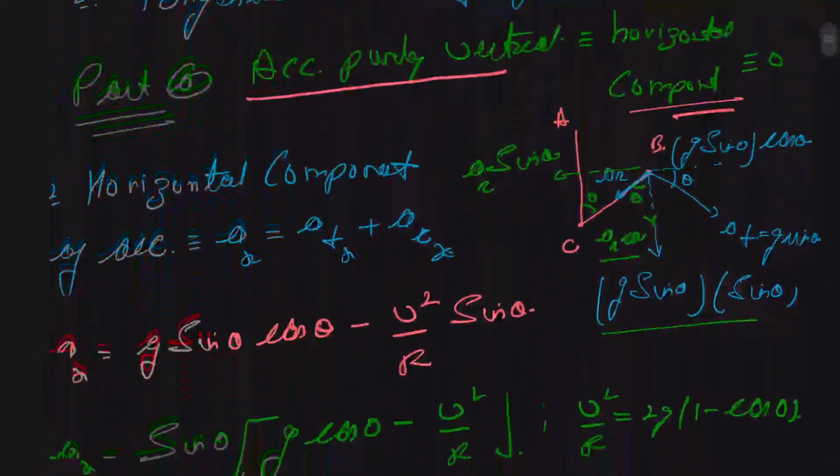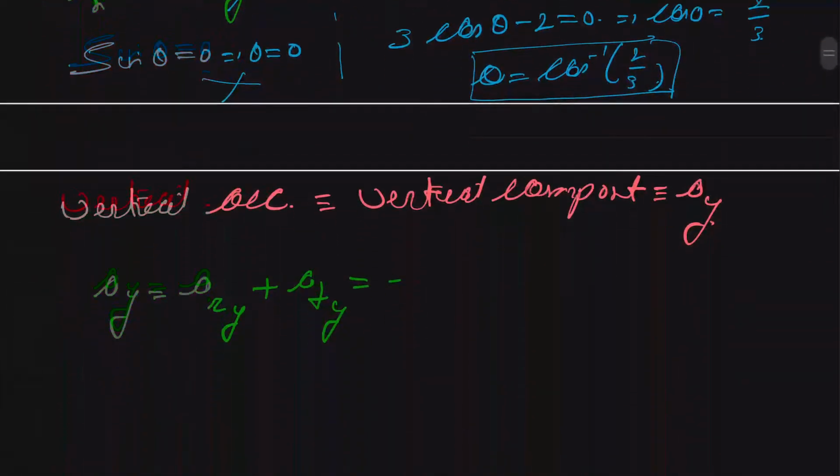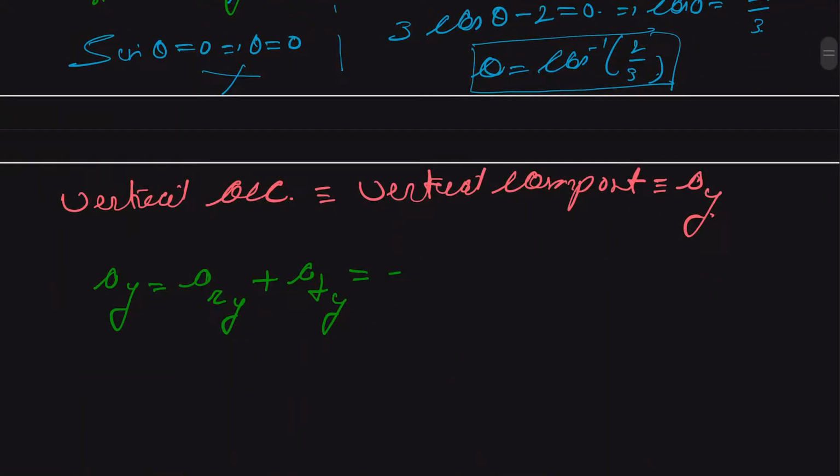Radial is minus a_r cos of theta. a_r is v square upon r, so you can say v square upon r cos of theta, and the tangential component is g sin square theta.